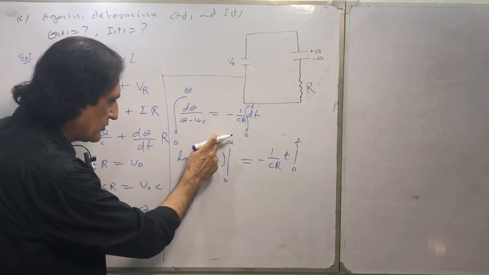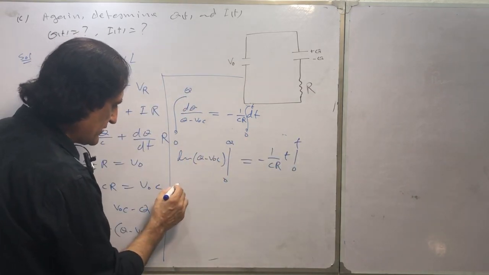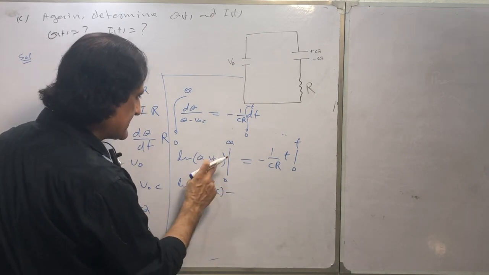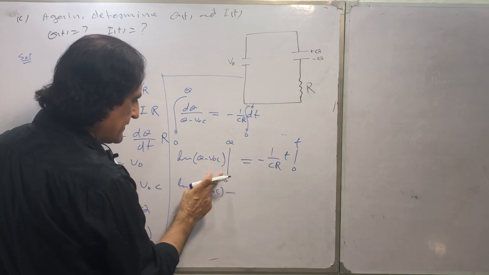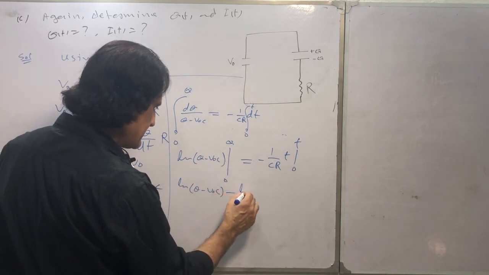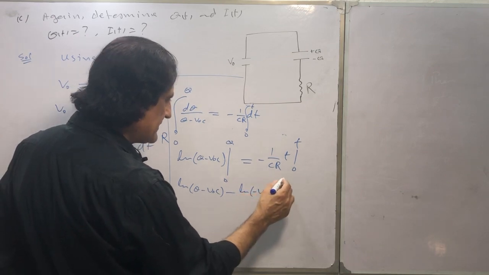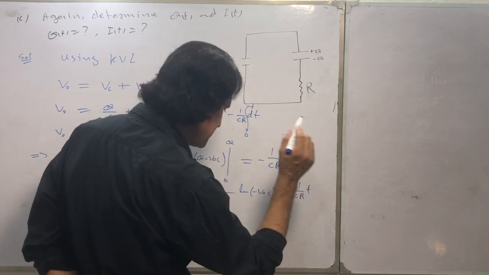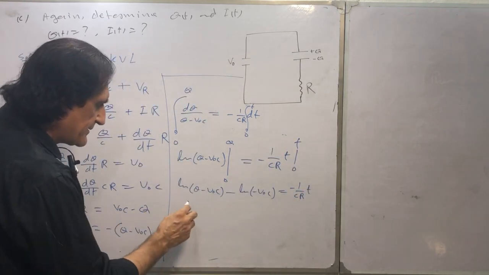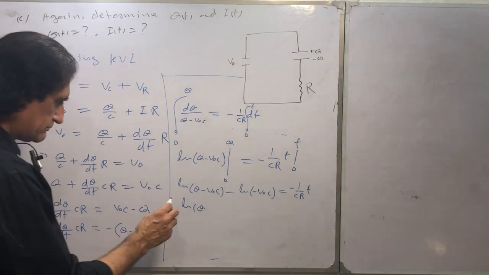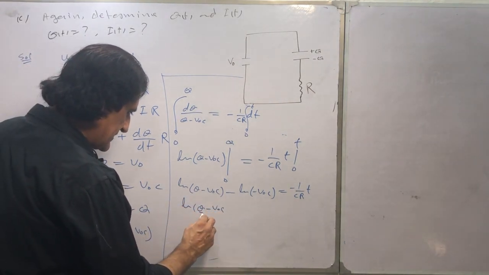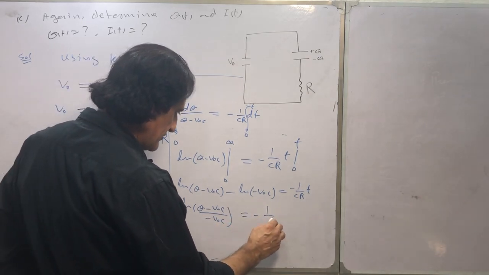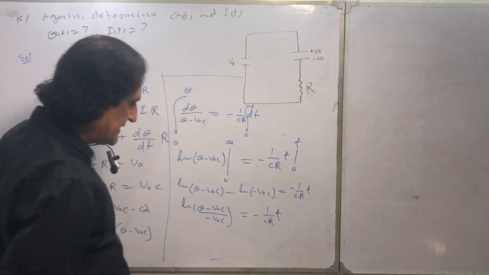Putting the value q, the natural log of q minus V naught C, minus, putting the value q equal to 0, which gives minus V naught C, is equal to minus 1 over CR times t. And further, we can write q minus V naught C divided by minus V naught C is equal to minus t over CR.